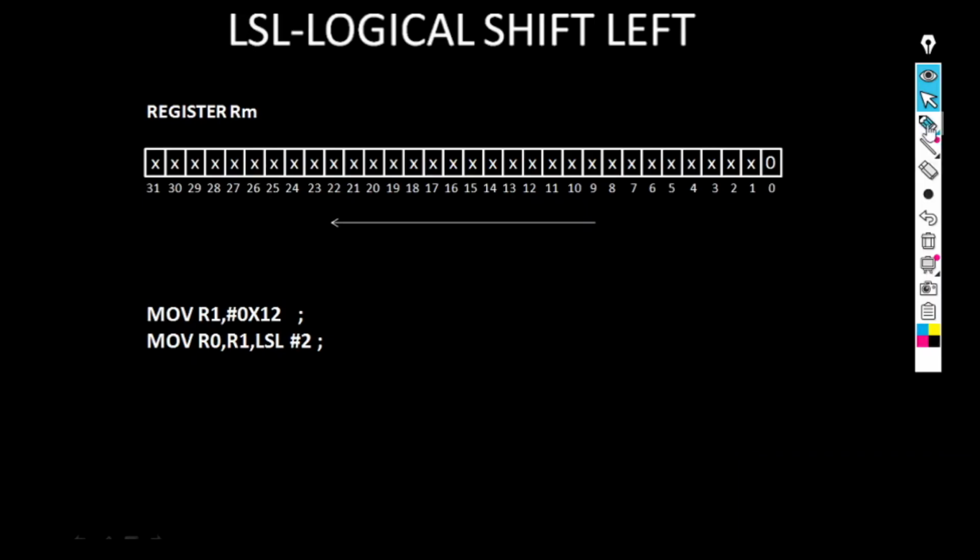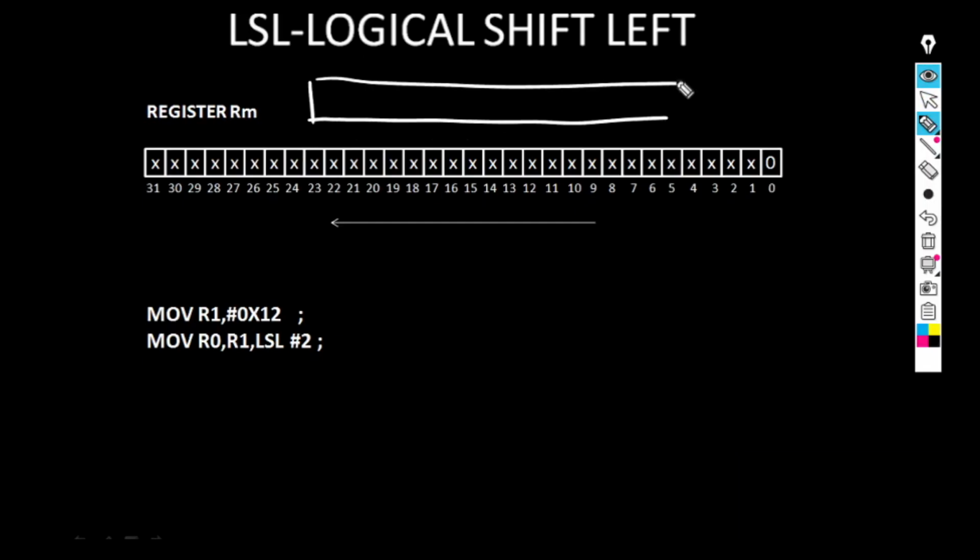For any given register Rm, let's assume we perform logical shift left on this register's content. It doesn't matter what data is present here; let's assume it is some value x.